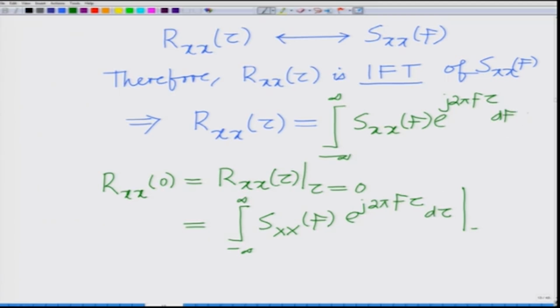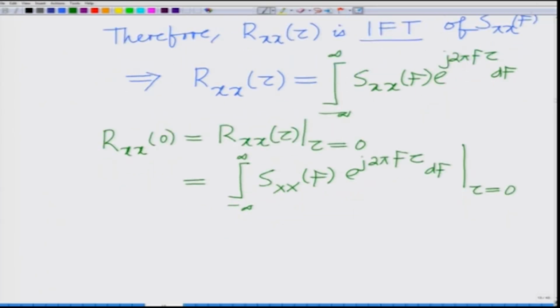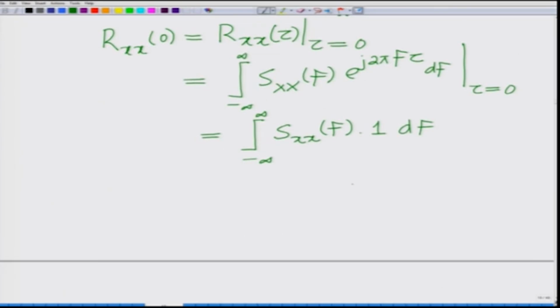Substituting tau equal to 0, e to the power of j 2 pi f tau is 1, so I get the integral from minus infinity to infinity of Sxx(f) df.